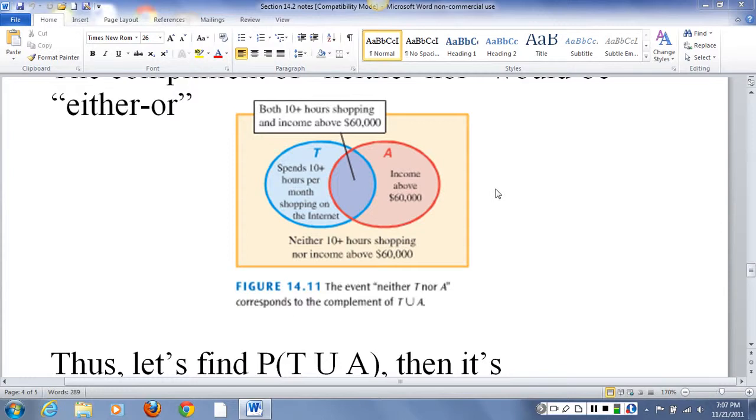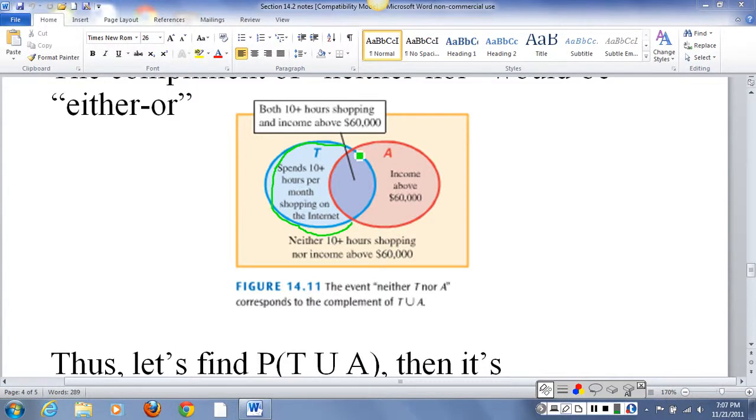Now you might think, well, wouldn't that include parts of those circles themselves, not just this kind of lightly shaded area around it? And I'd say no, because, for example, we wouldn't include this outer blue area. And let me highlight this. We wouldn't include this area out here, because everyone in there does spend 10 hours or more shopping on the internet. We don't want that.